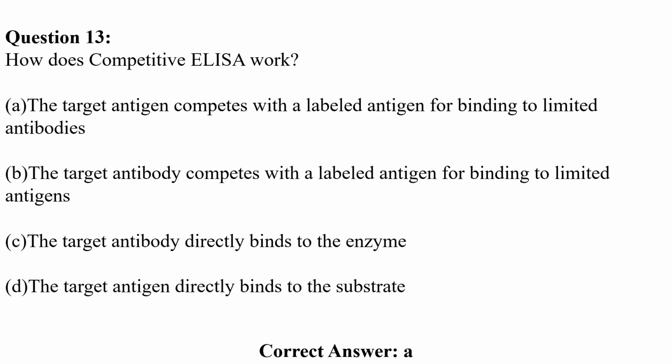So what happens in the competitive ELISA is you have the antibodies, you already add the antibody to your antigen solution. Okay, so make the antigen antibody complex in the solution. Now whatever remaining antibodies will be there, that will be added to the competitive ELISA plate, and then we will see.